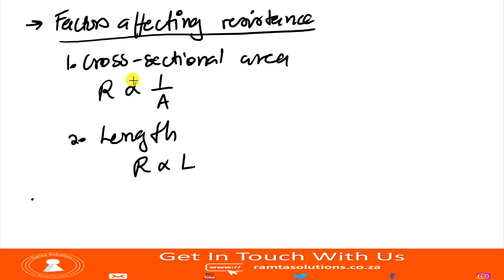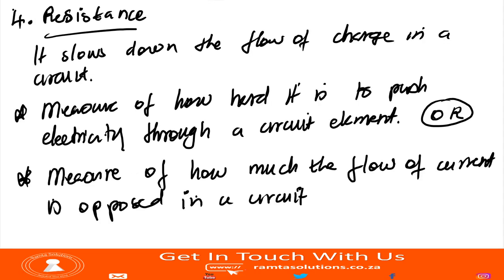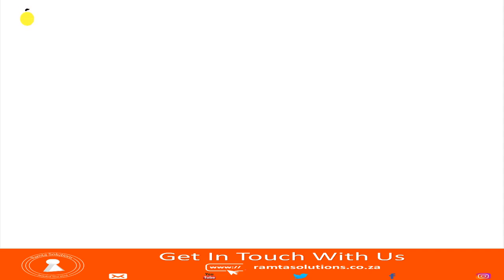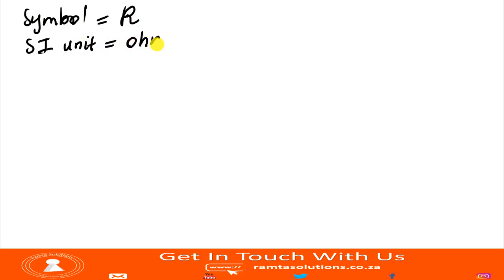Now, when we talk about resistance, did I mention the symbol? Oh, I didn't. The symbol of resistance is the capital letter R, and the SI unit is the ohm, which is the Greek letter omega.